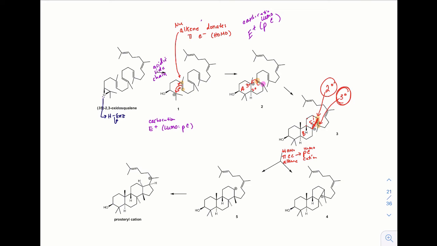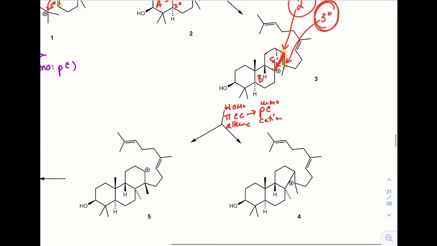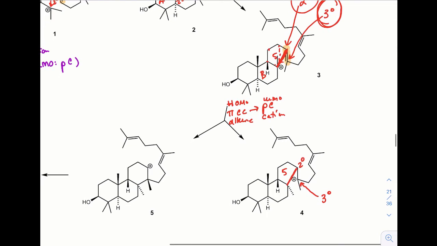And it is believed that the first thing that happens actually is what you would expect based on energetics, that the secondary carbon makes the bond, so that makes a 5-membered ring, leaving the tertiary cation. And then the enzyme facilitates this bond shifting over, forming the 6-membered C ring and the less stable secondary cation.